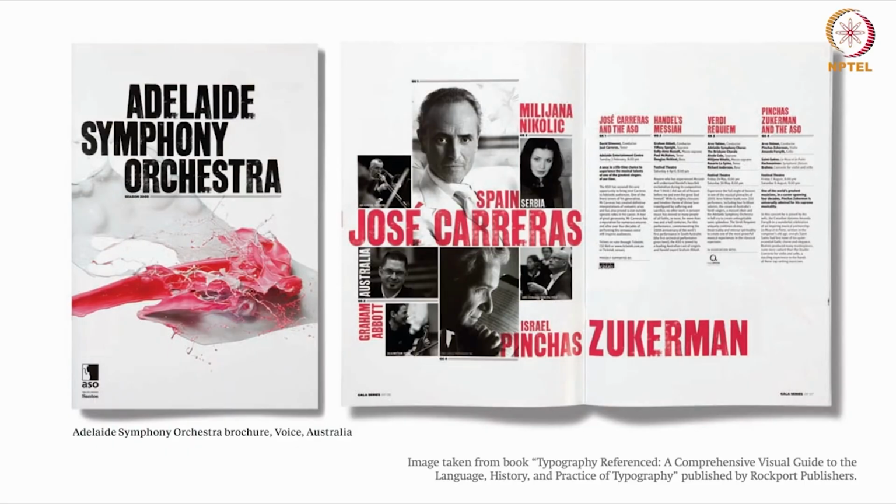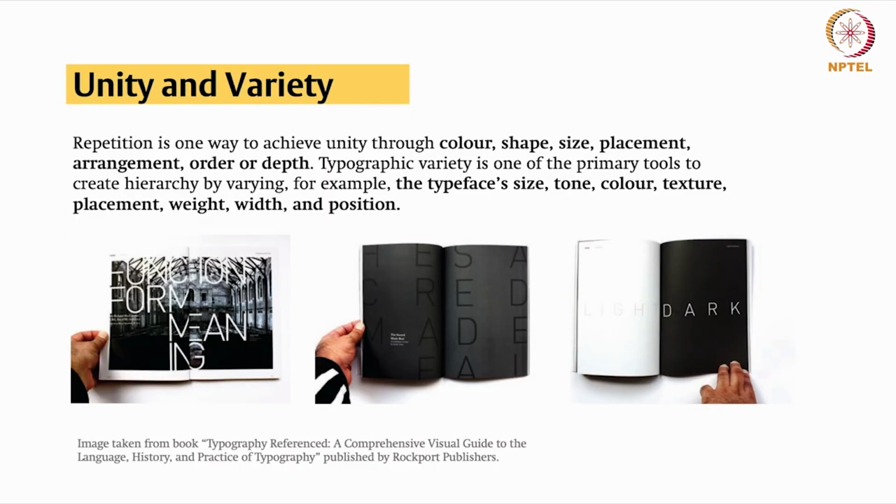In this example, hierarchy has been created through font size, color, and a proper grid system. The content has been segregated and separated as per the grid, which is visible on the screen. However, we will discuss the grid system in detail during our print and publication module. Unity creates harmony by ensuring all design elements feel cohesive and interconnected, giving a sense of completeness to any design.